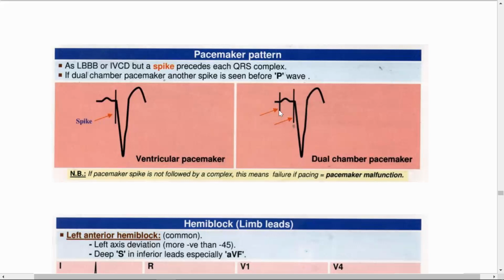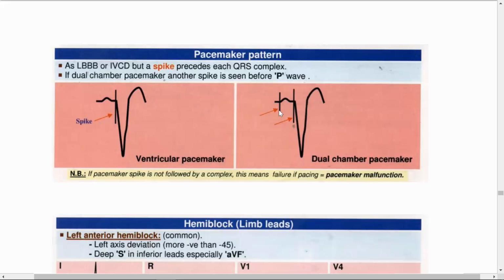So we have DDD, this means dual pacing, dual sensing, dual action. VVI, ventricular pacing, ventricular sensing, inhibitory action. When the pacemaker senses that the patient has an impulse in the ventricle conducted from the atrium, it will inhibit itself and make the patient depend on their own rhythm, and will not interfere.